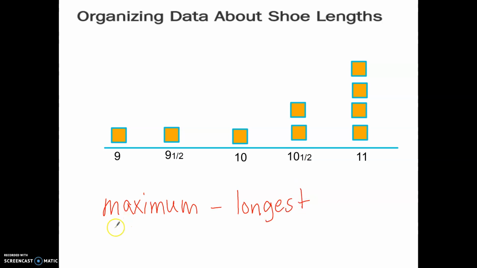And 9 inches is the minimum length, which means the shortest. Maximum means the longest or the most. Minimum means the shortest or the smallest.